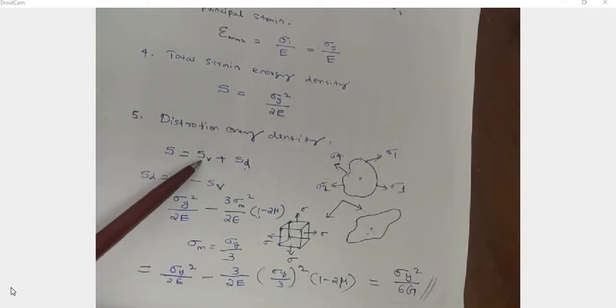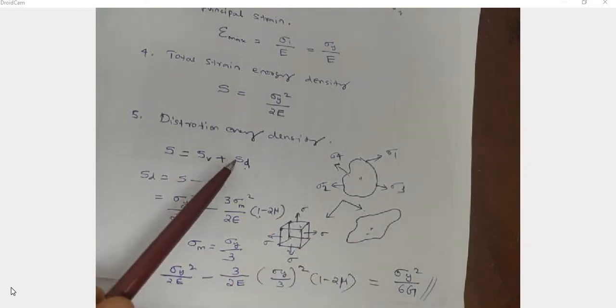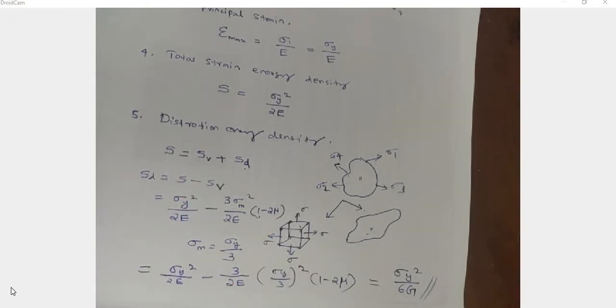The volumetric strain energy is the strain energy stored in a deformed body per unit volume under volume change. But this SD is the amount of strain energy stored in a distorted body when it is subjected to shape change, and that is equal to sigma y square by 6G.